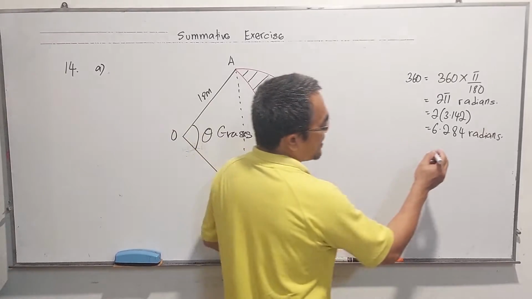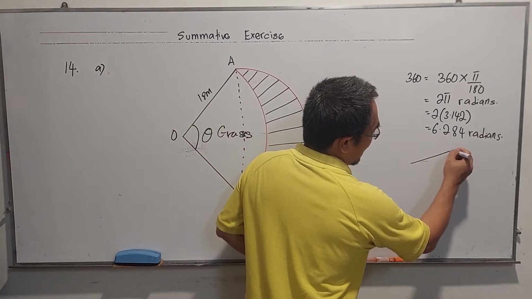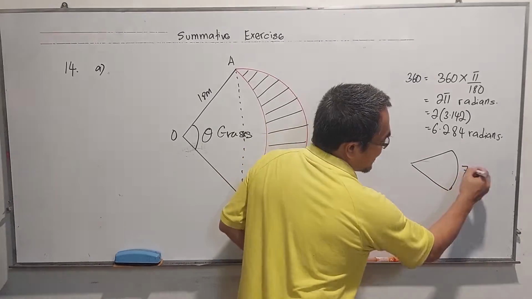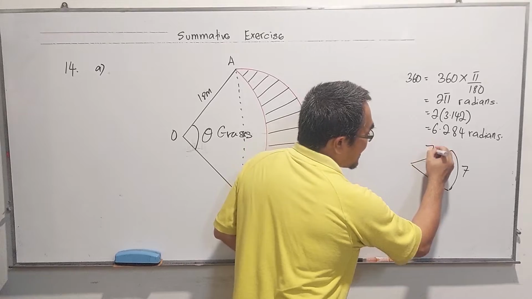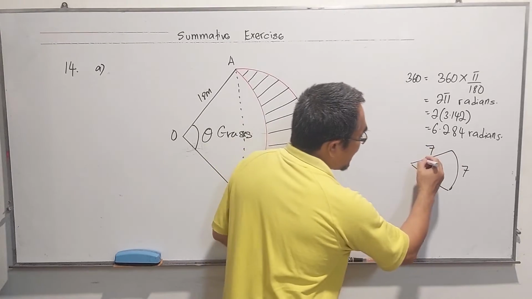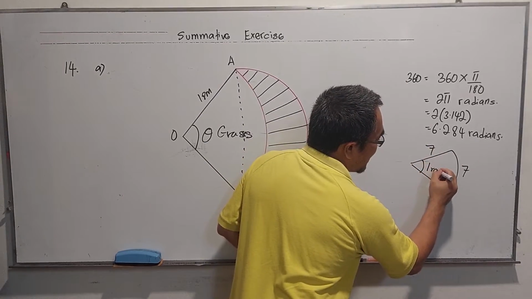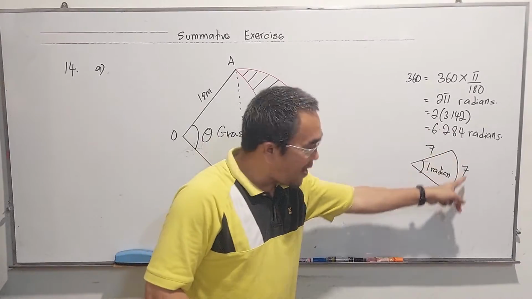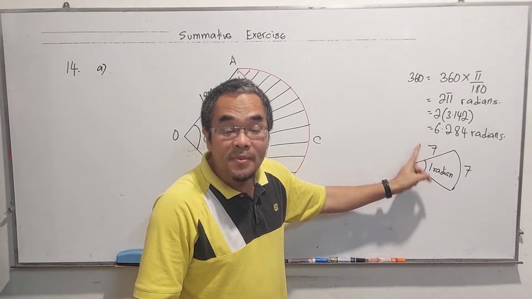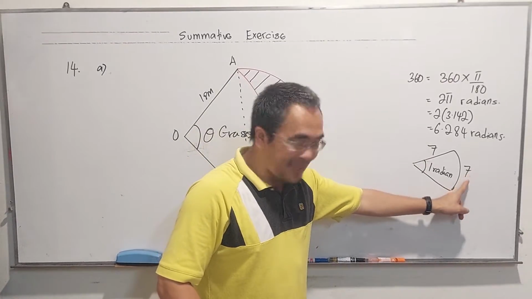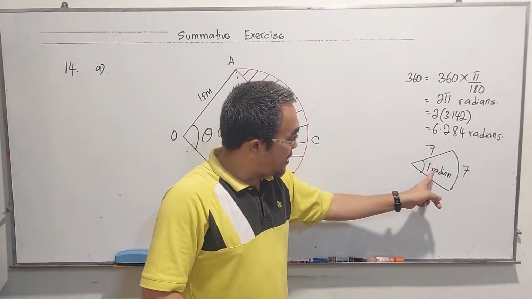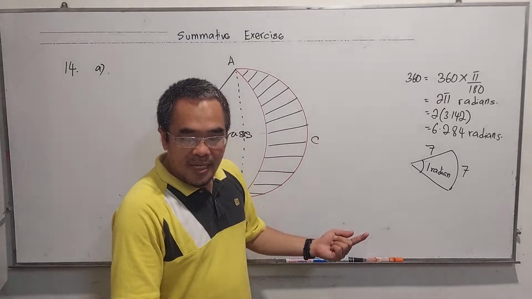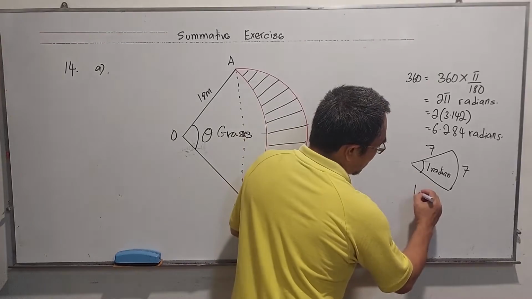Let's say the length of arc is 7 and the radius is 7, so this is 1 radian. 1 radian is when the length of arc is equal to the radius. For example, if the radius is 10 and the arc is also 10, the angle will be 1 radian.